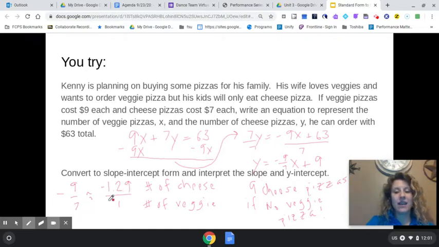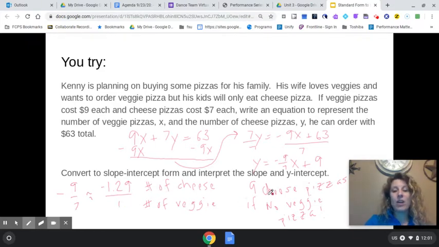And I put that over 1. So that means that the number of cheese pizzas decreases by 1.29 for every additional veggie pizza that I buy. So obviously, the more veggie pizzas I buy, the fewer cheese pizzas I can buy. But this tells me exactly how many fewer. So negative 1.29 cheese pizzas for every one additional veggie.